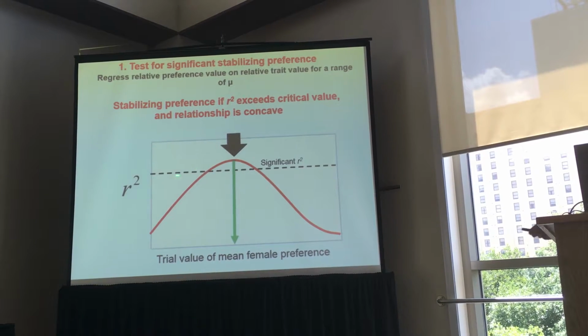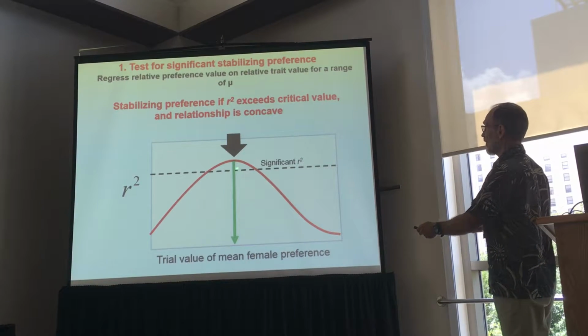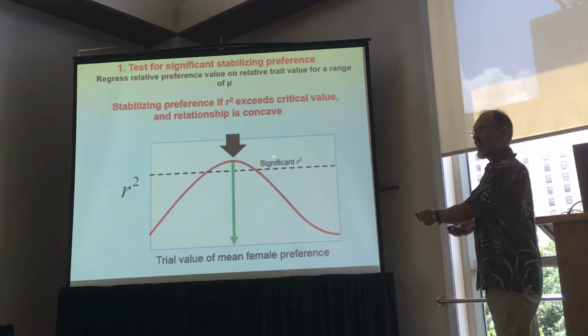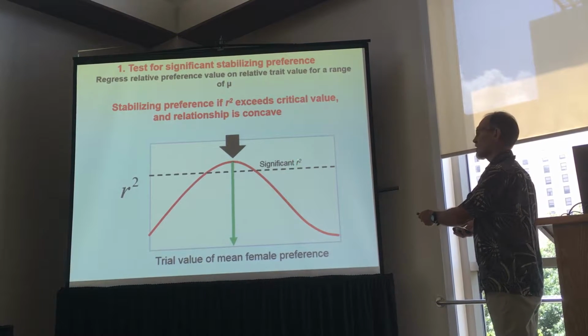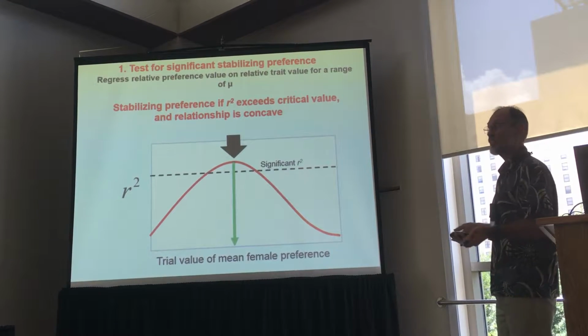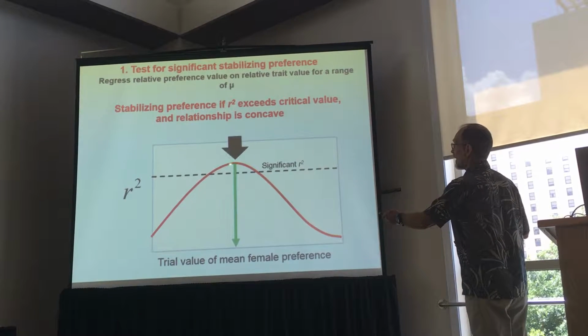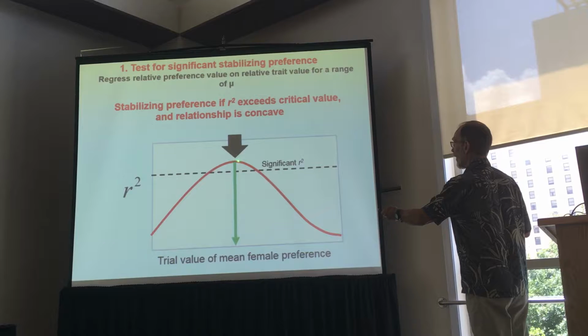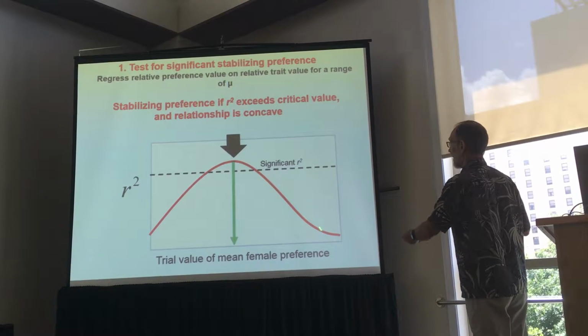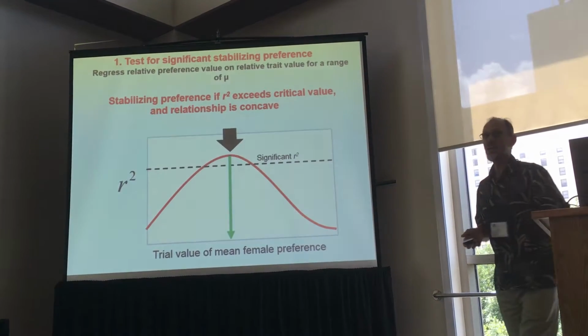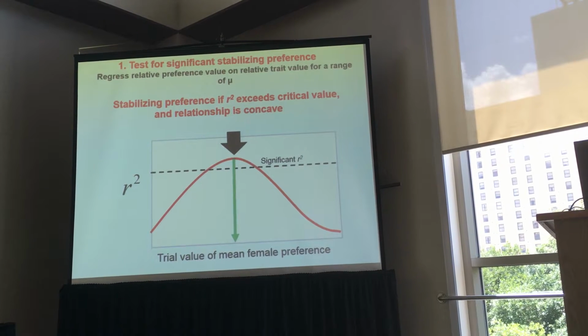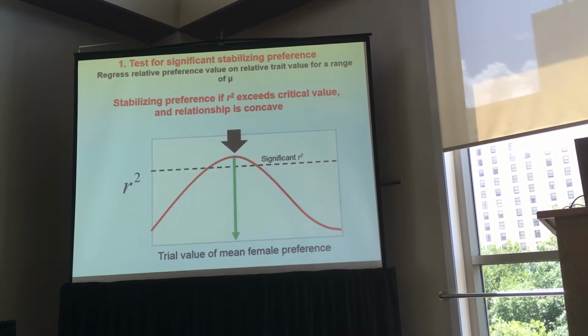If we find a value that is greater than the significant value for a regression, so this is just the value of R that would be significant given that number of data points squared, if it is above that and is concave, then we have demonstrated that there is stabilizing preference.